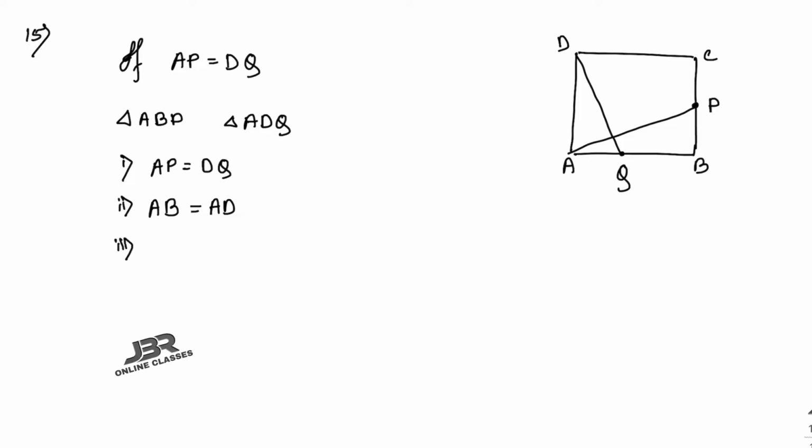And number three, you can write angle DAQ equal to angle ABP, that one equal to 90 degrees. So here you can write triangle ABP is congruent with triangle ADQ.